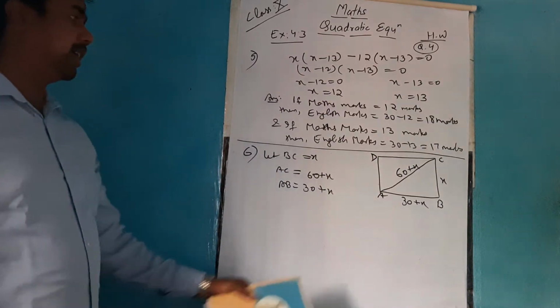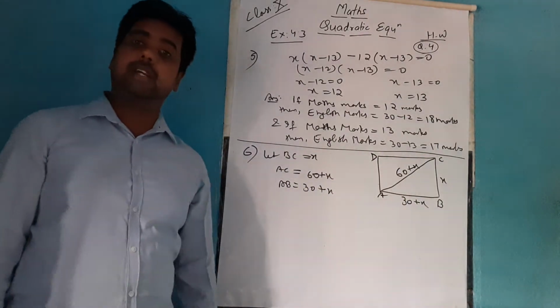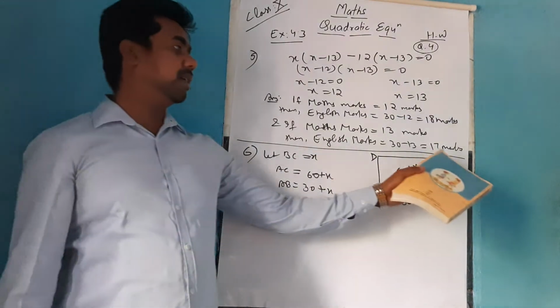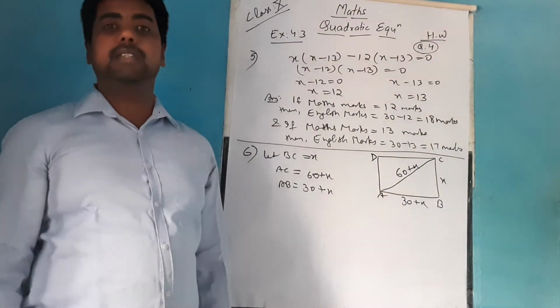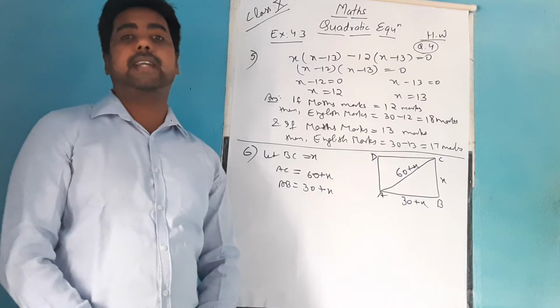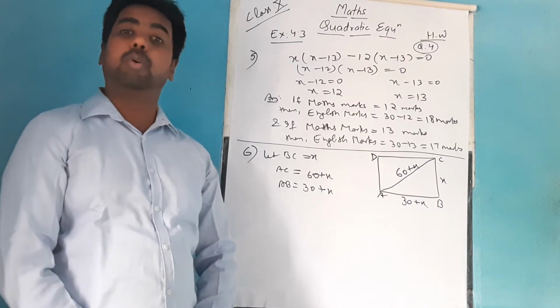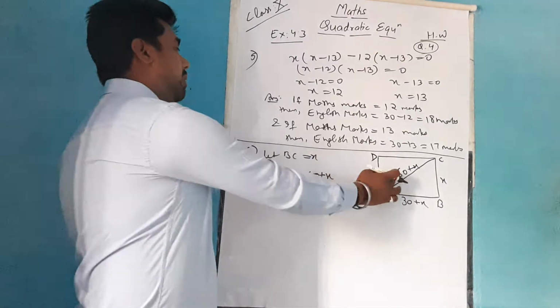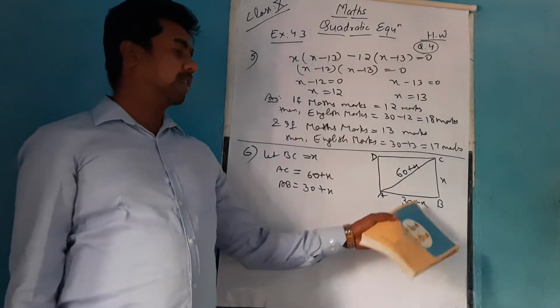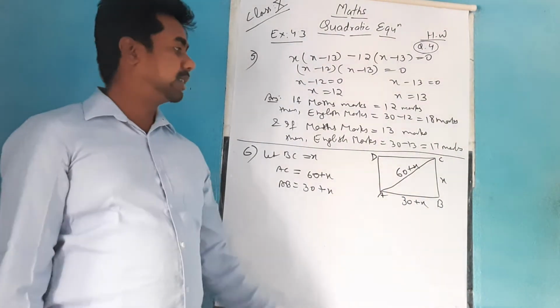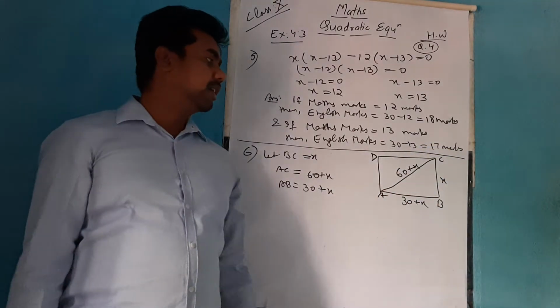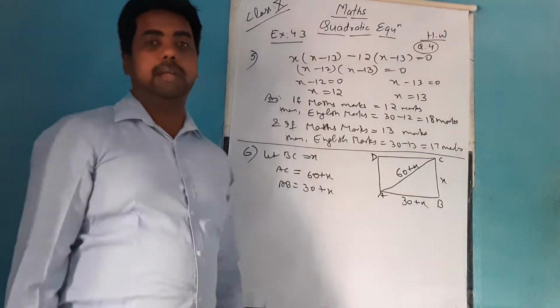BC, which we have taken as x, is the shorter side, that's the breadth. So if we take the breadth as x, the diagonal of the rectangle will be 60 plus x, and the longer side will be 30 plus x.